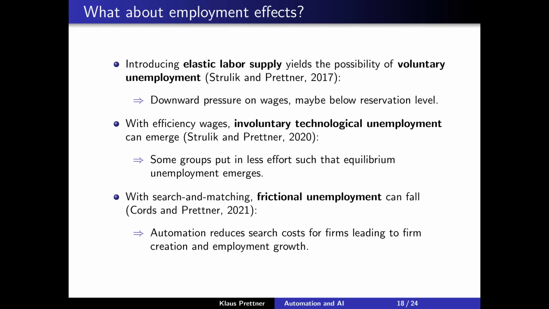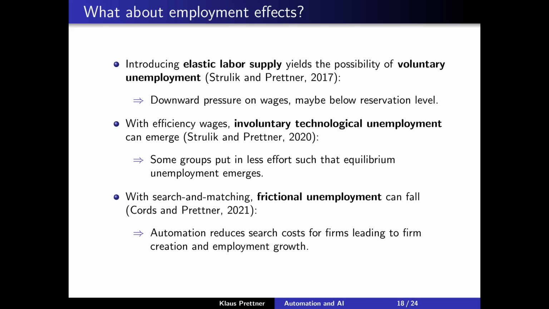Now it turns out that if you take such a search and matching model of the labor market with low-skilled and high-skilled workers, where low-skilled workers can be substituted for by robots, then automation reduces the search costs for firms, and that increases efficiency in the economy and promotes firm creation, which could even lead to a situation in which the equilibrium frictional unemployment decreases due to automation.